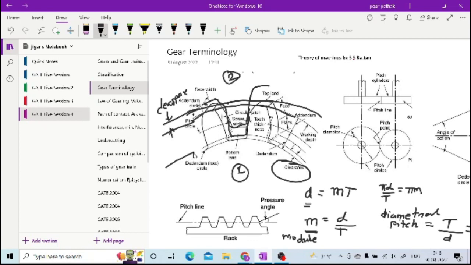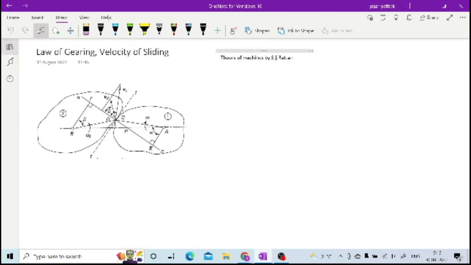This particular circle is the addendum circle for the mating gear, the other gear. So this is how you have the clearance circle and working depth. In the radial direction, it is from the clearance circle to the addendum circle of the other gear.